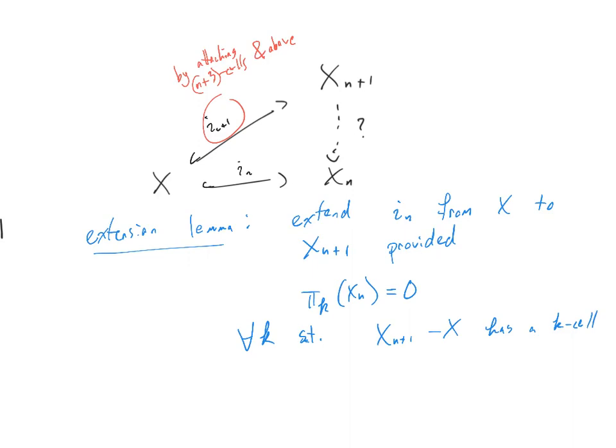But we only have k cells for k bigger than or equal to n plus 3, and that's definitely true, because in fact this is true for all k strictly bigger than n. So it is very easy to produce this map just by extension.